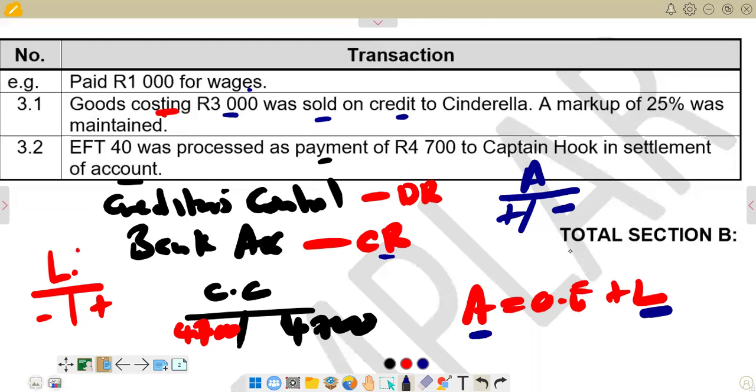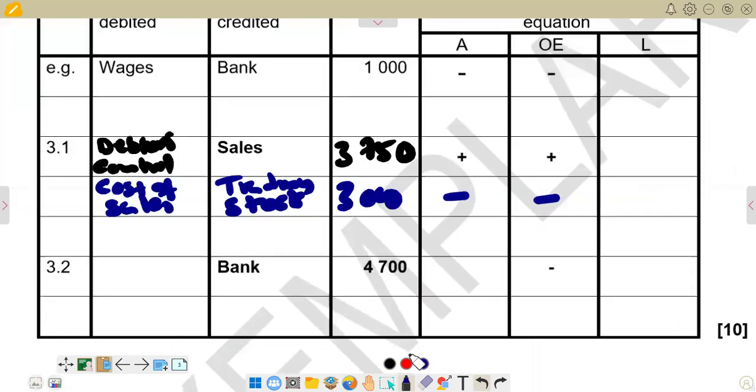So this transaction is affecting our liabilities and our assets. We are just going to go to our answer section. Up here, in terms of our debiting, we're saying we're debiting creditors control.